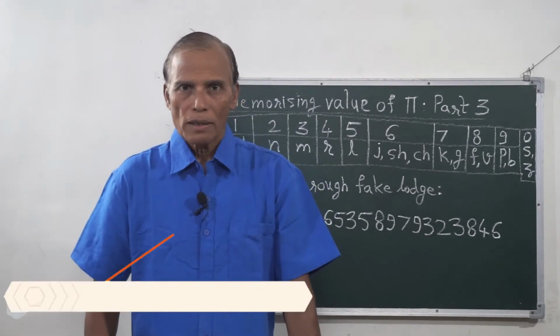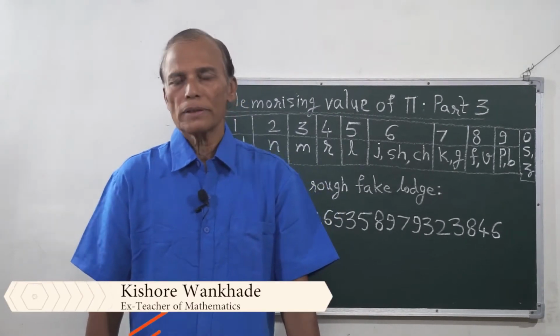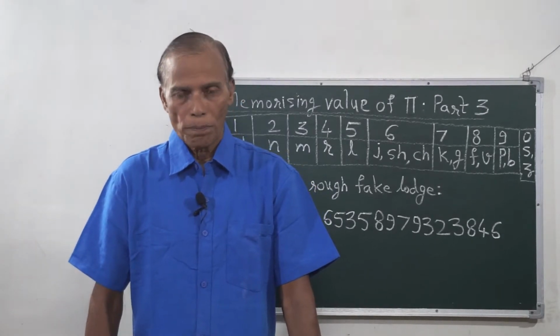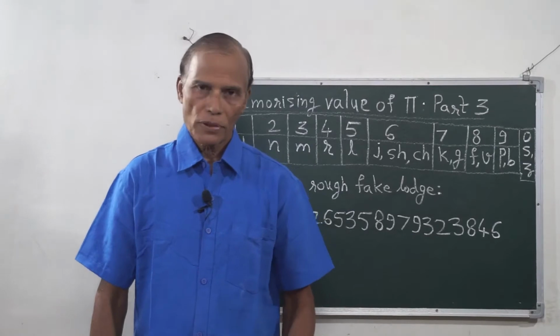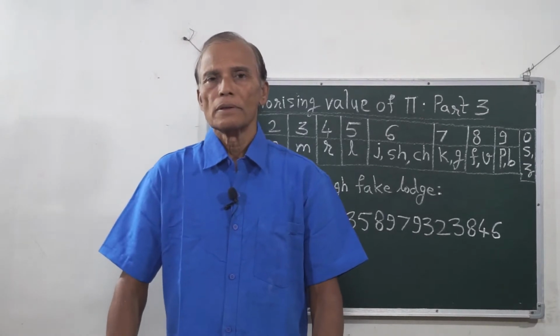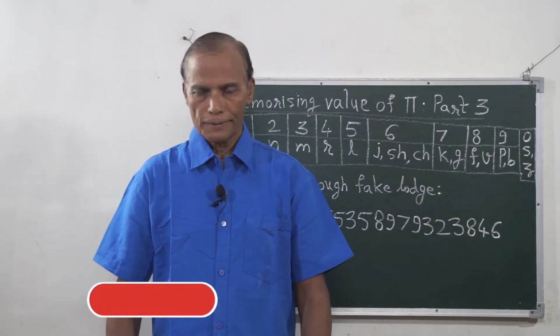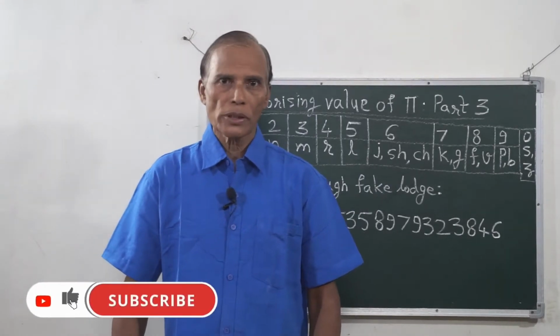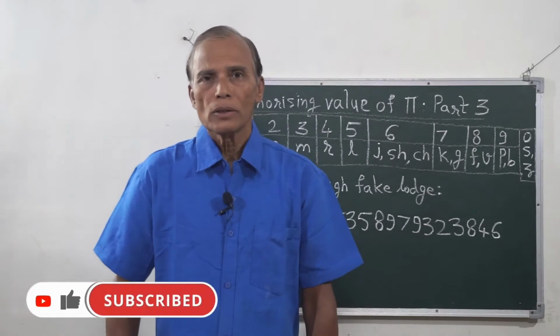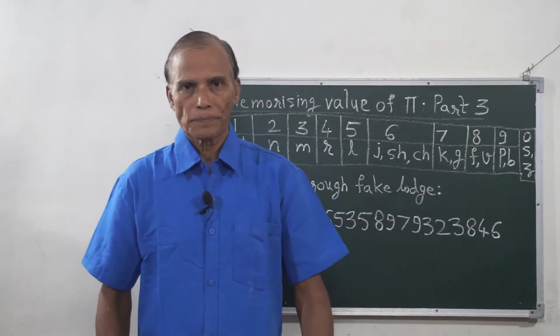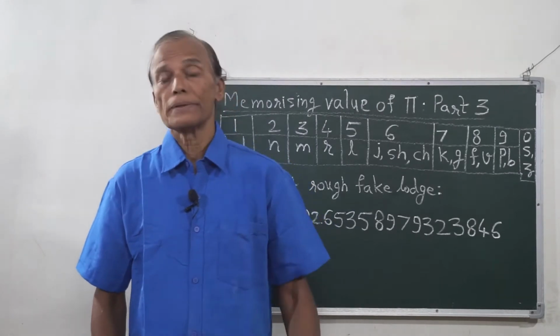Now we are here for the third part of the lecture series on pi. In the first part, we have seen two demonstrations. In the first demonstration, I wrote the value of pi up to 100 digits from my memory.